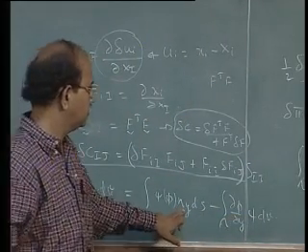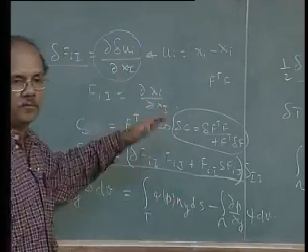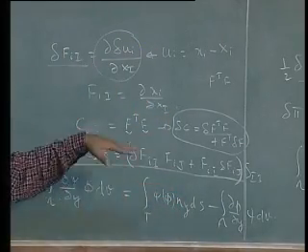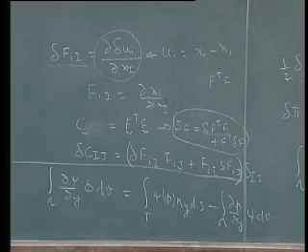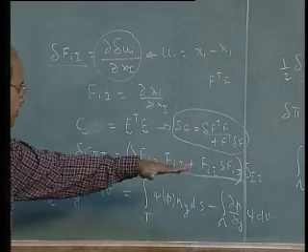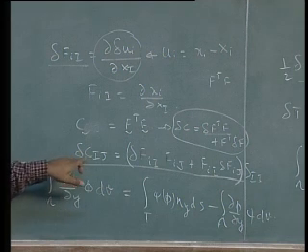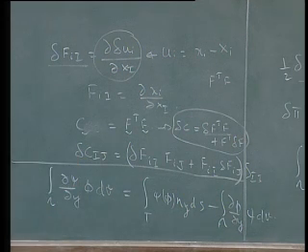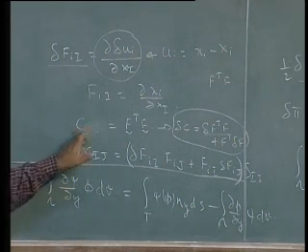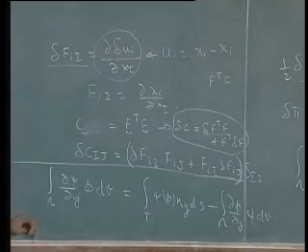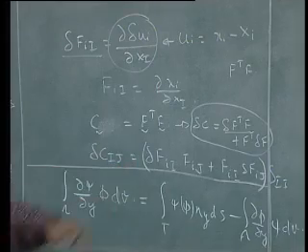If you need time, I will wait for a minute. You can write it down so that there's no confusion. Let me repeat what we did. We wrote down the potential energy in terms of C and S. Then we are trying to find the variation of C, that is delta C, from the fact that C is equal to F transpose F, and you can write down delta C ij.